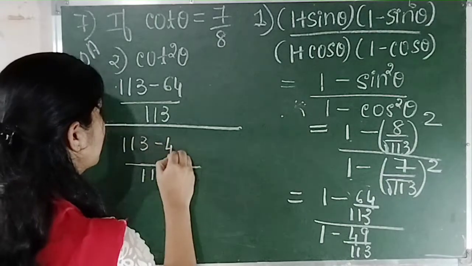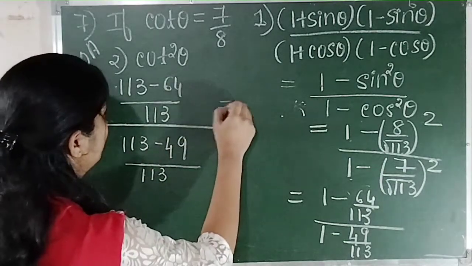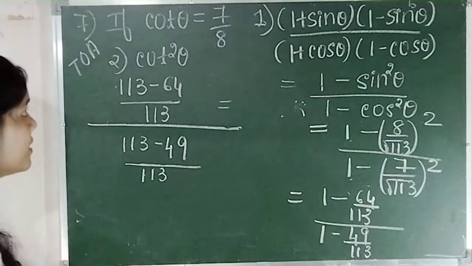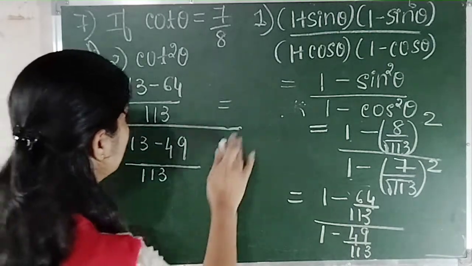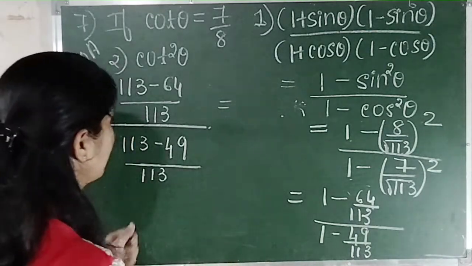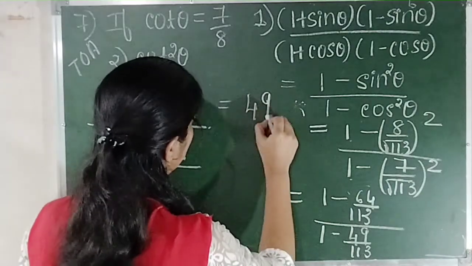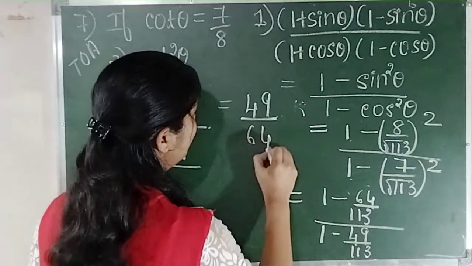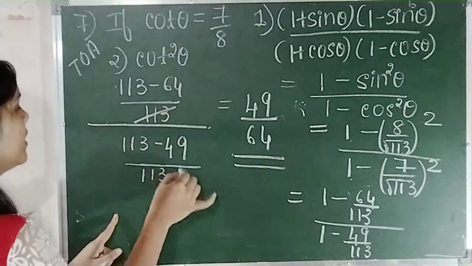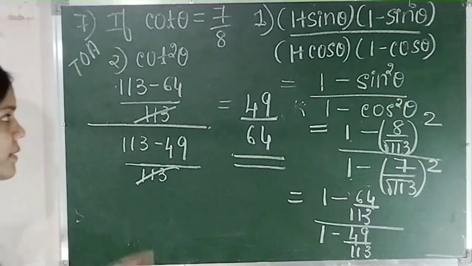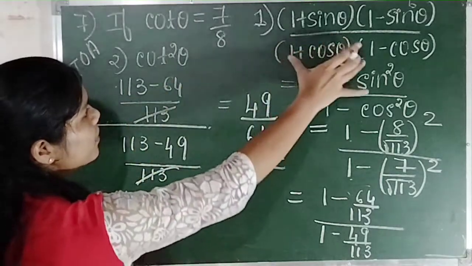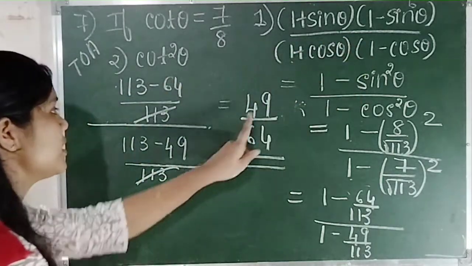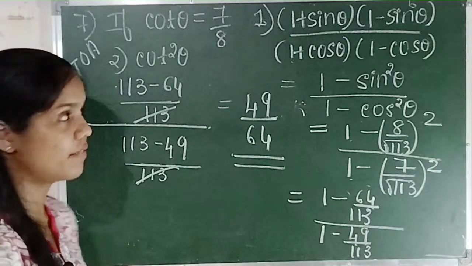minus 49. So this is equal to 113 minus 64, which is 49, and this is equal to 64 because 113 cancels. So we got the value of this expression, that is 49 divided by 64.